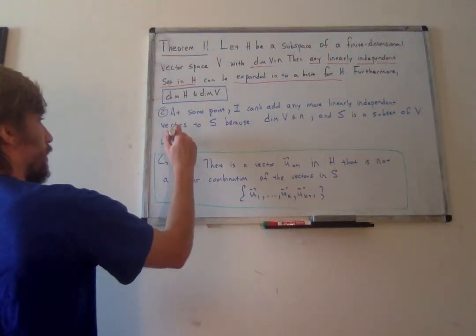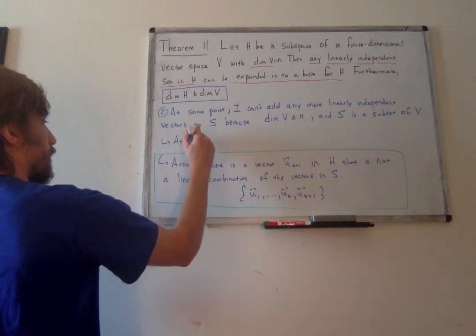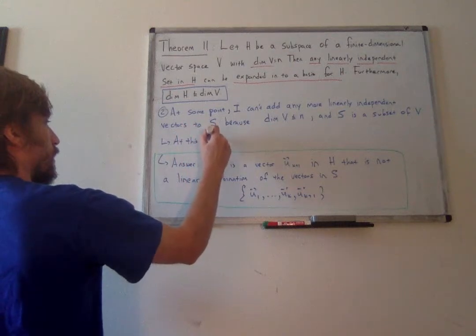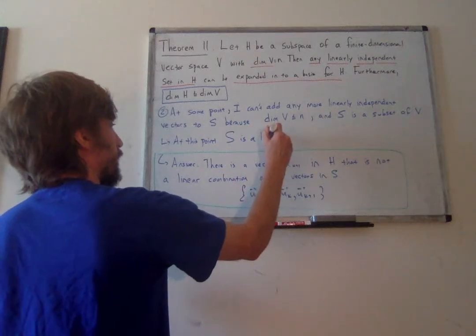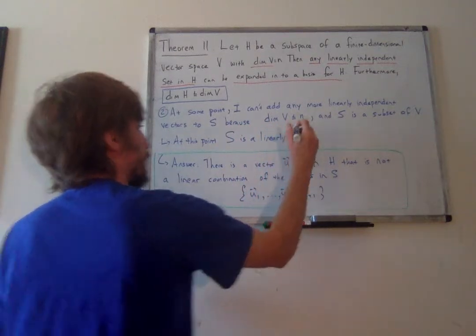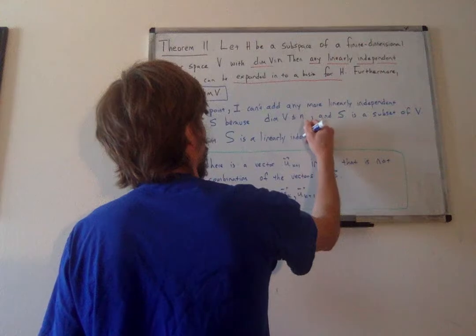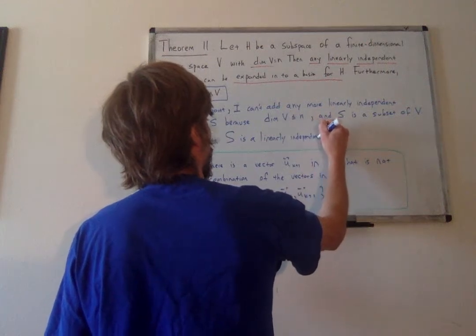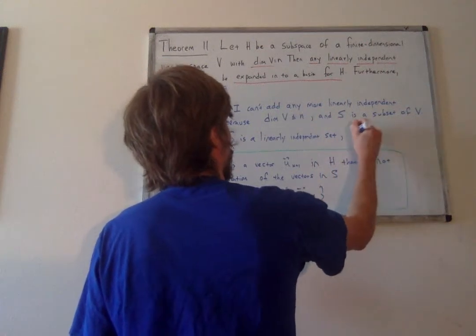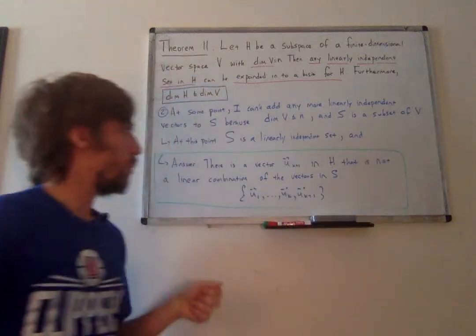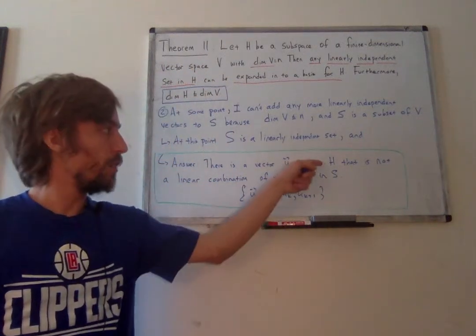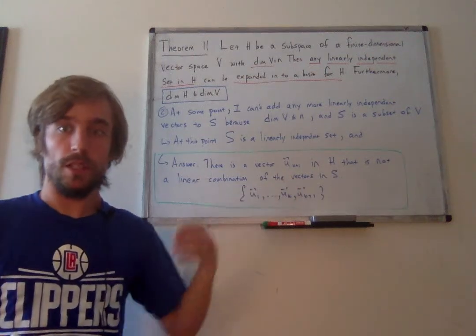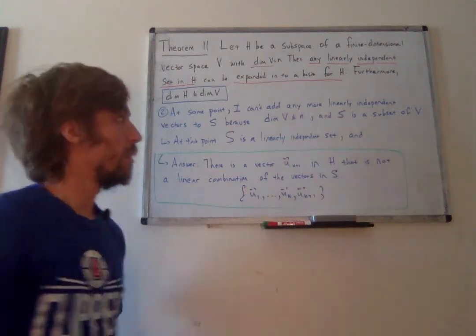But at this point, S is a linearly independent set. And, well, what did we just argue? I can't find any vectors in H that are linearly independent from this set that I've just been adding on to.